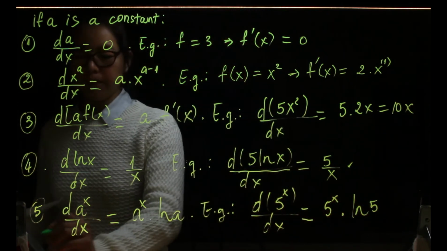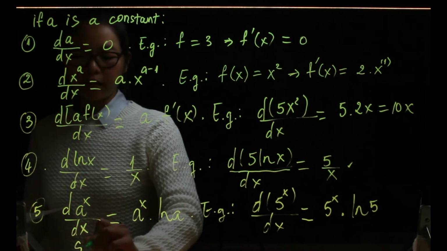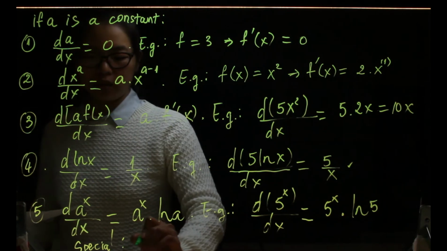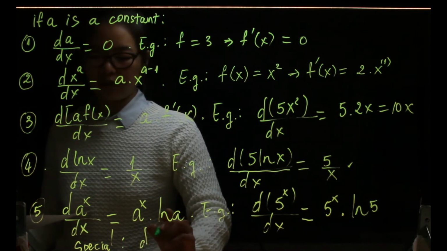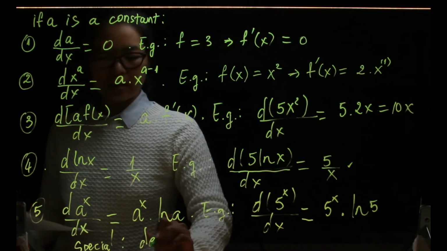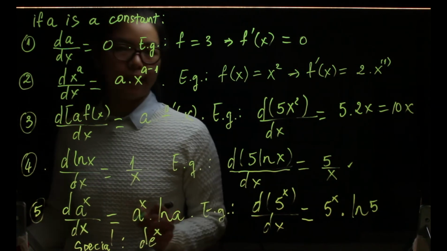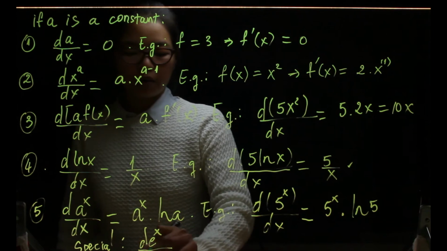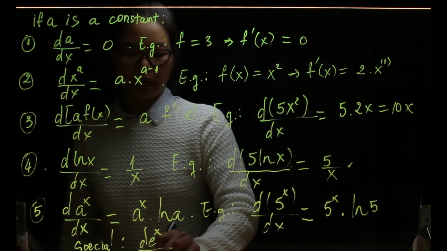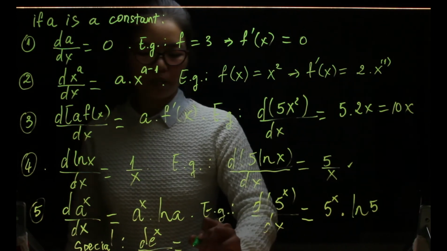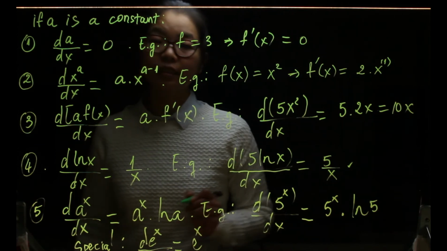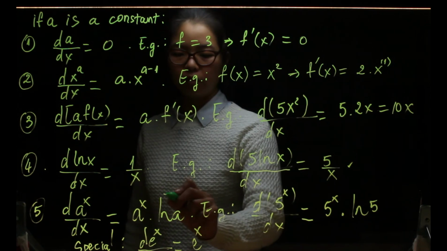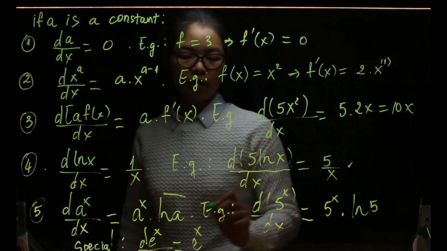So you can use a calculator to calculate the numerical result of that when necessary. A special case is we have the derivative of e to the power of x. You know what e is? It's the Euler number, right? With respect to x would be e to the power of x itself. So where does this part go? Where is it?